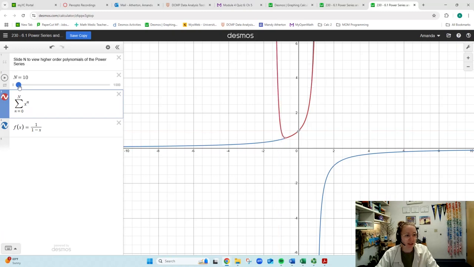You can see that the further I go out, this is just a finite series from n equals 0 to now 500, it's becoming closer and closer to what we know that it converges to, which is 1 over 1 minus x. So kind of a cool visual on that.